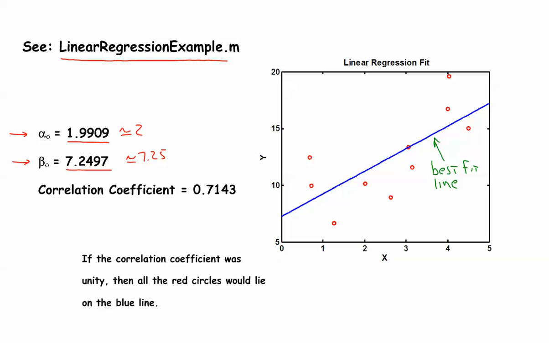I also calculated the correlation coefficient. We discussed the correlation coefficient in a previous video lecture, and in one of your assigned reading sections for this module, you'll see how to calculate it using data. It's really quite simple.